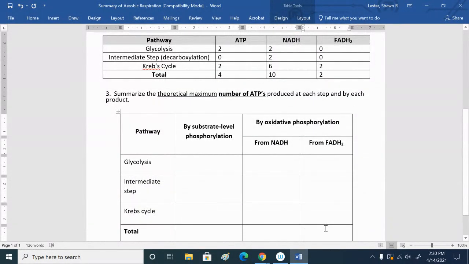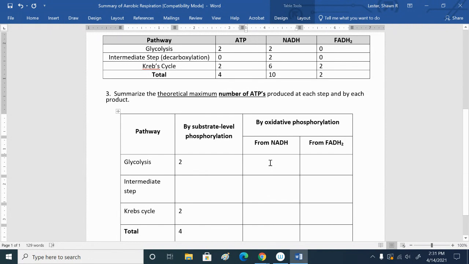So when it comes to the numbers of ATPs produced by all of these, we did have that table before, right? In glycolysis, the two ATPs are by substrate level phosphorylation, none in the intermediate step, and two in Krebs for a total of four.